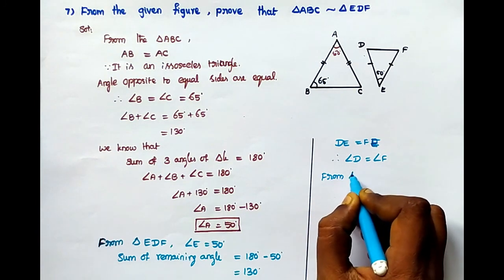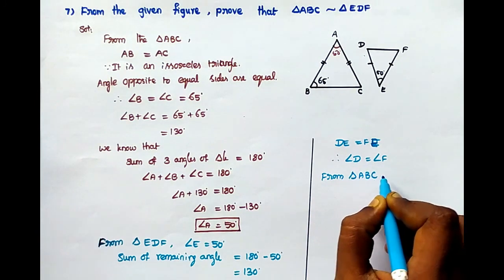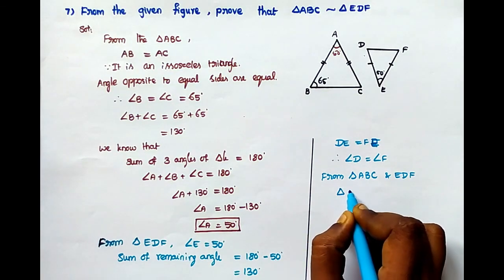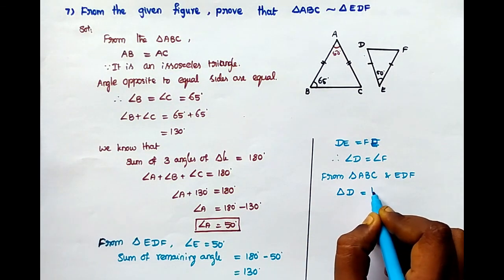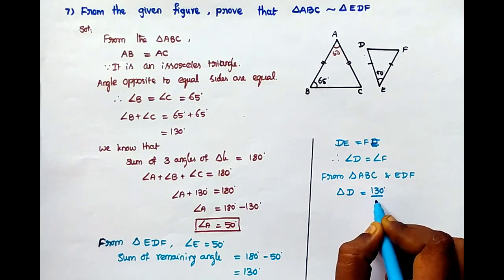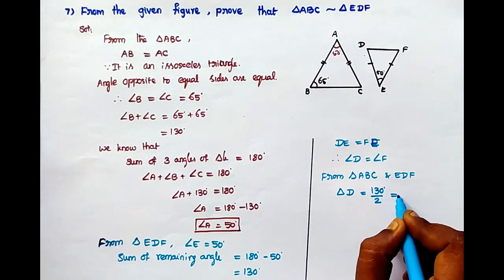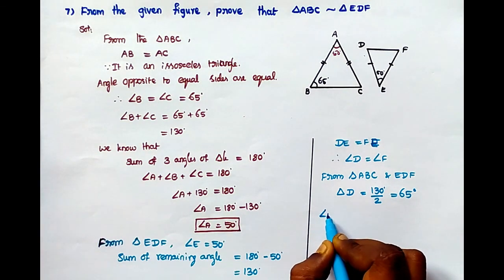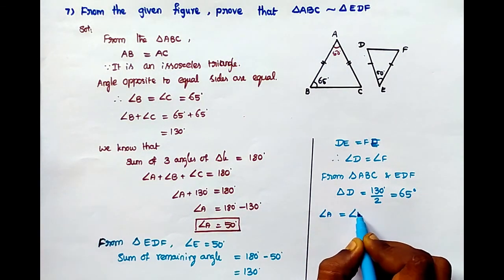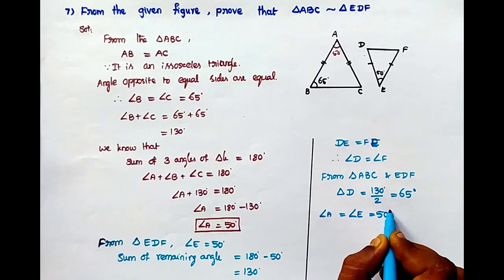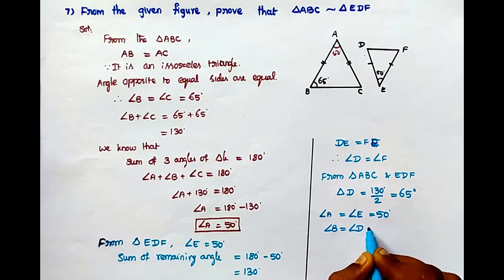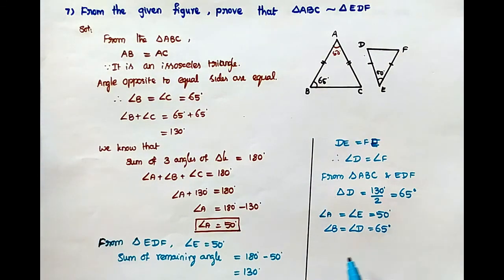From that, in triangles ABC and EDF, angle D equal to 130 divided by 2, that is equal to 65 degree. Therefore, angle A equal to angle E equal to 50 degree. Angle B equal to angle D equal to 65 degree.